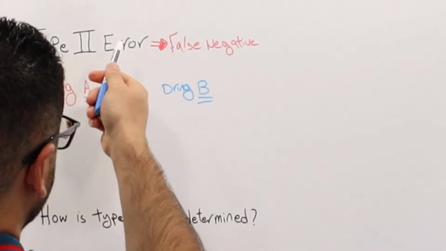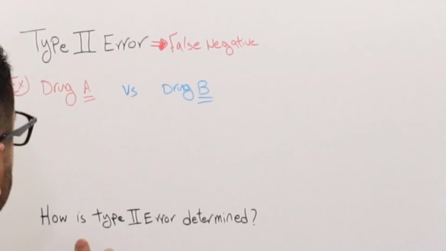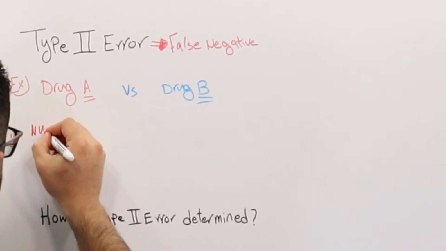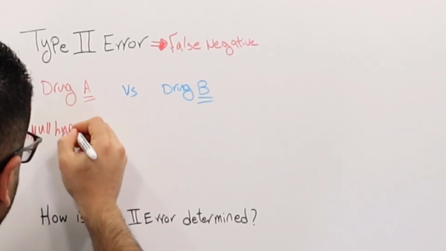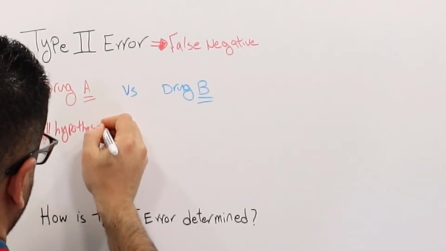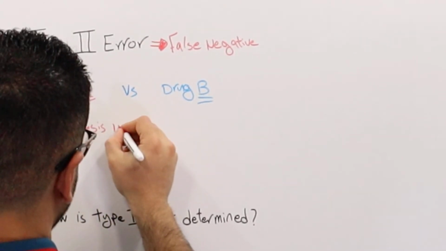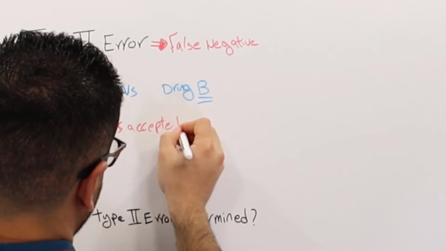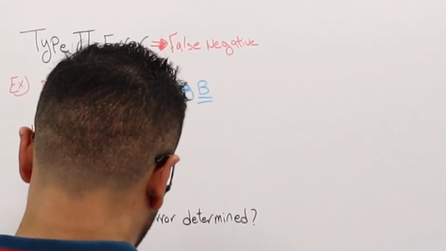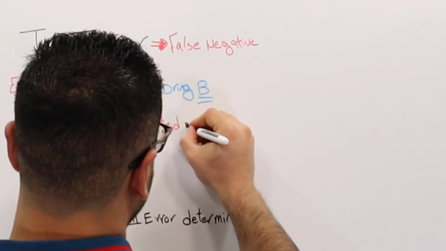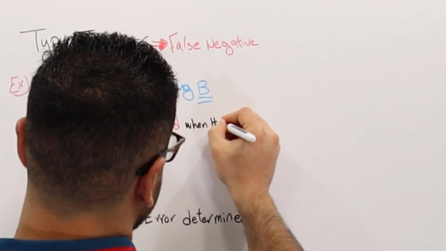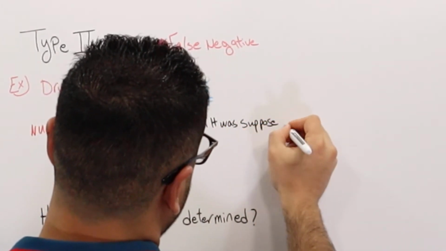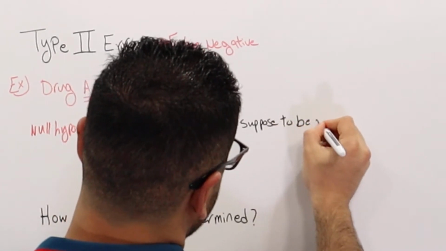So what happened in type 2 error basically is the null hypothesis is accepted when it was supposed to be rejected.